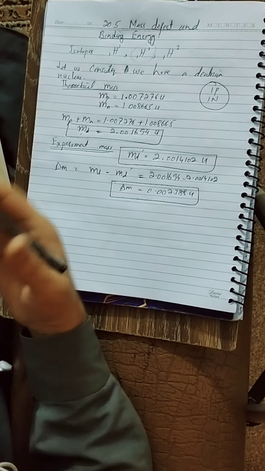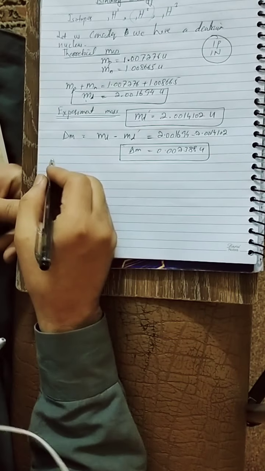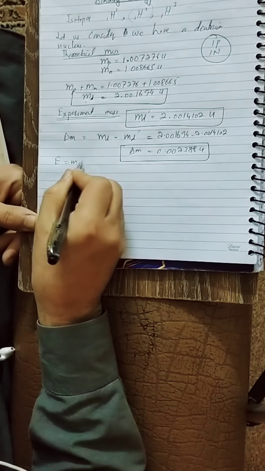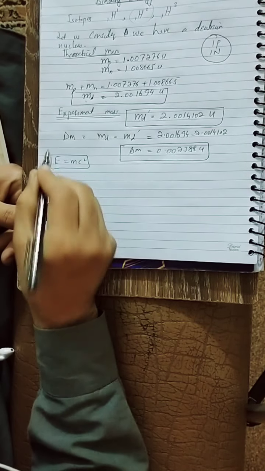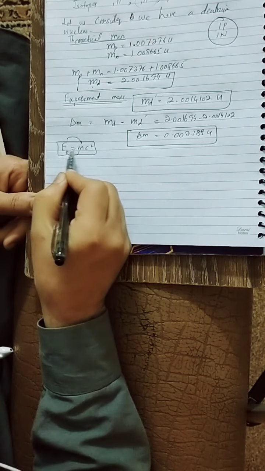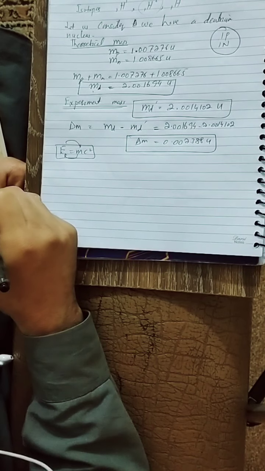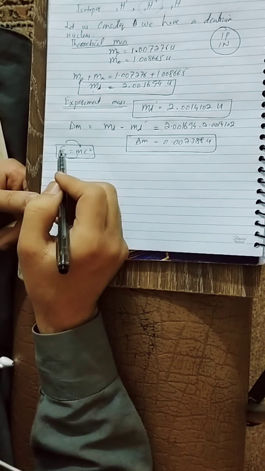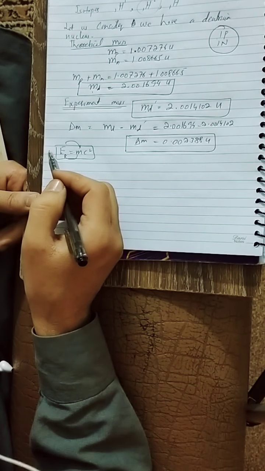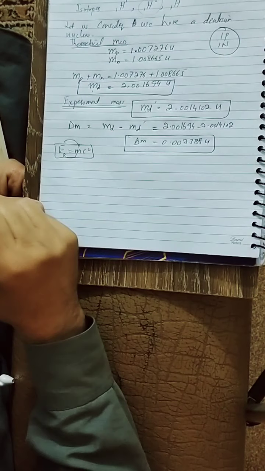Now, Einstein said that mass and energy are interconvertible, meaning energy can be converted into mass and mass can be converted into energy. So energy and mass are both forms of one another. So the mass defect is converted into energy.